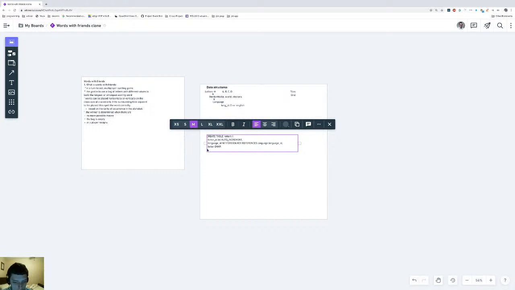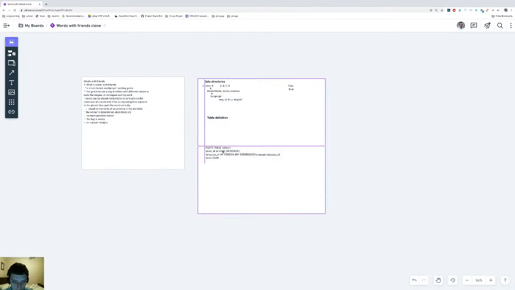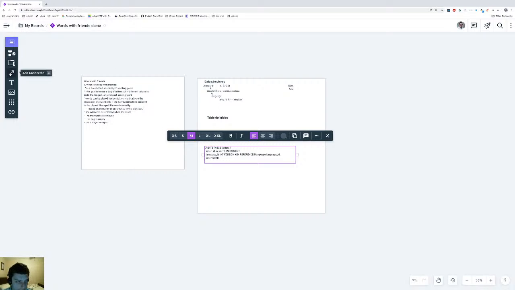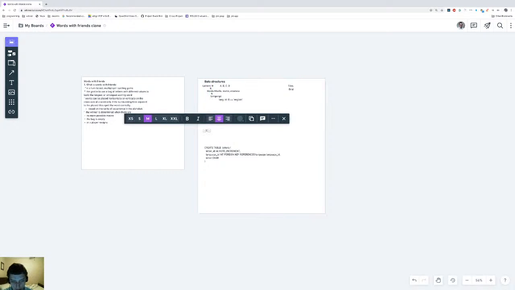So this is how I would implement the database. Maybe some letters. You have the letter, and then you have something like, so you need a list of words.